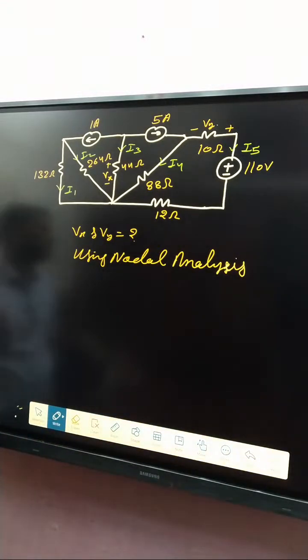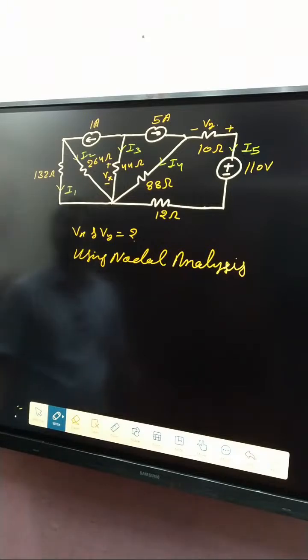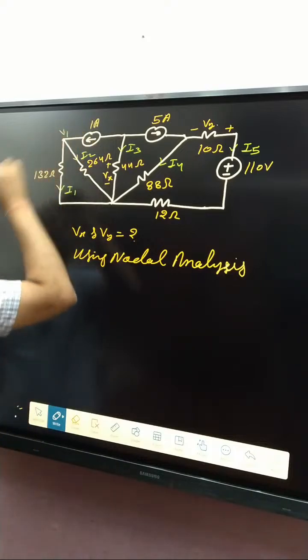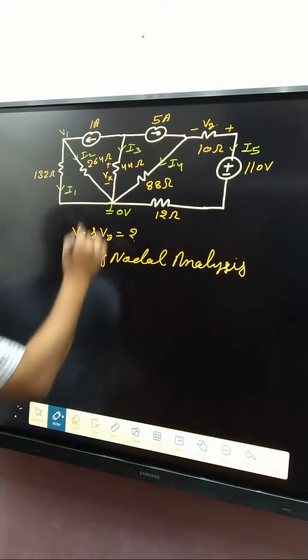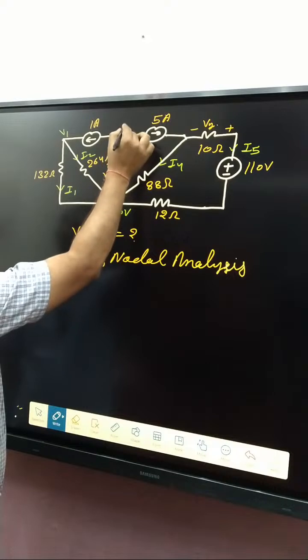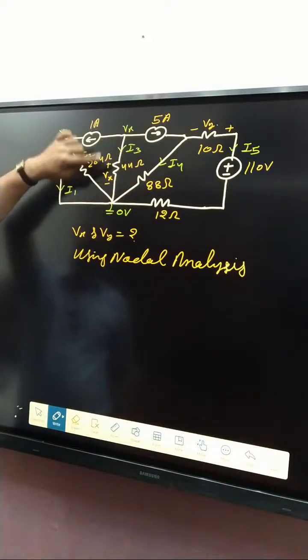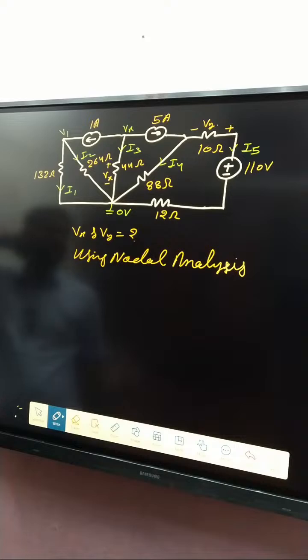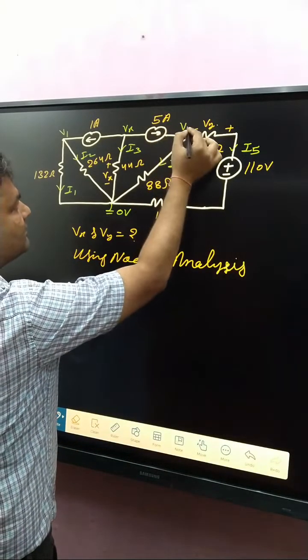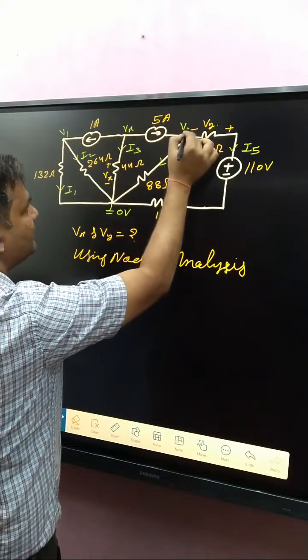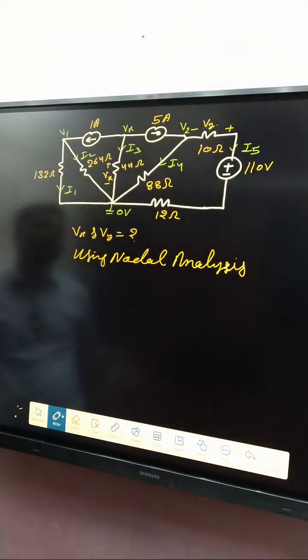After that, the node voltages: here V1, and that one is taken as the reference node. This voltage is Vx, that is also Vx. Now what about that voltage? That is V1, Vx, and here V2. Clear?